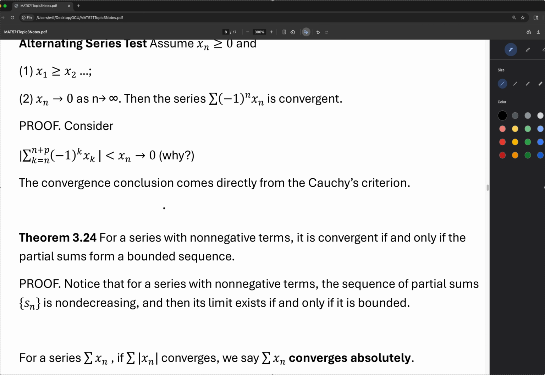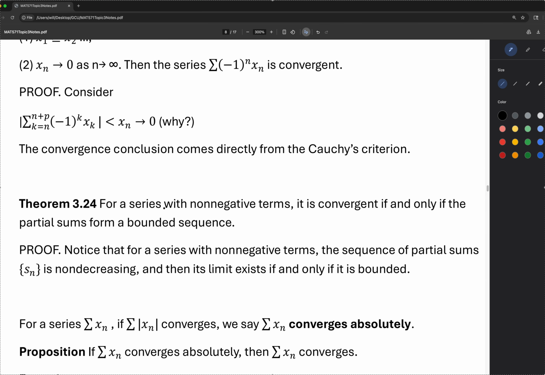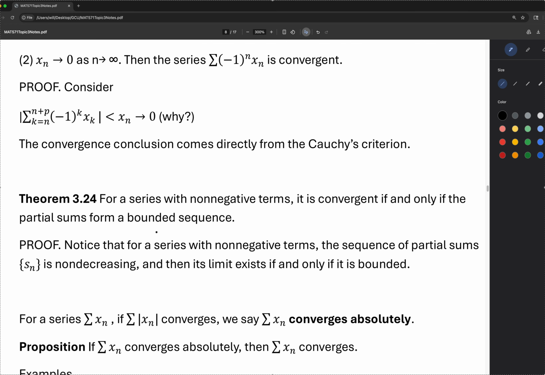What I want to talk about here is, actually, maybe let's still mention this result. It is important. A series with non-negative terms is convergent if and only if the partial sums form a bounded sequence.